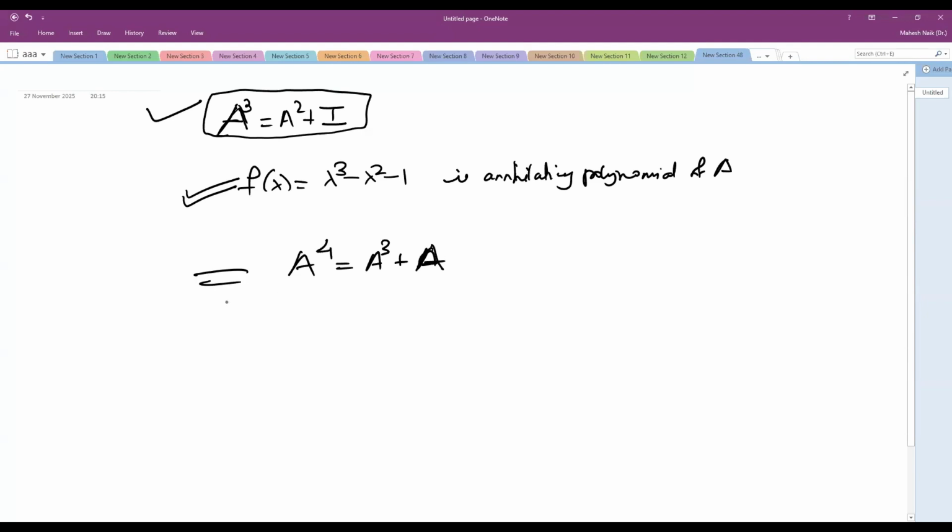Will A satisfy this also? Yes. Can we have one more annihilating polynomial based on this? Let's say f1 of lambda, which will be lambda raised to 4 minus lambda cube minus lambda. So any non-zero polynomial which satisfies the matrix will be called an annihilating polynomial. Is that clear? Yes, sir.